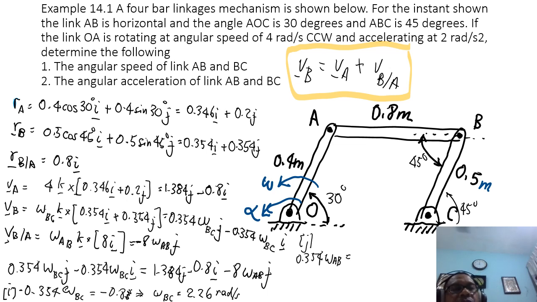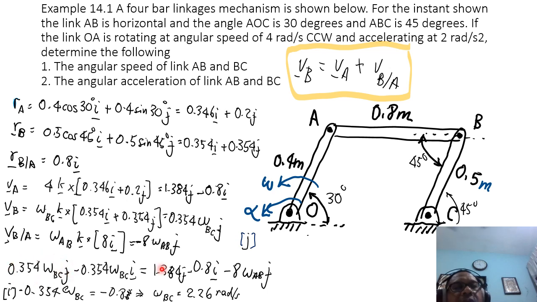So when I do the J parts, let me erase something here. I'll use a different color. When I do the J parts, I'm looking at this component.